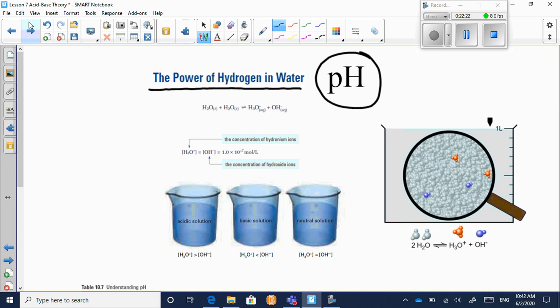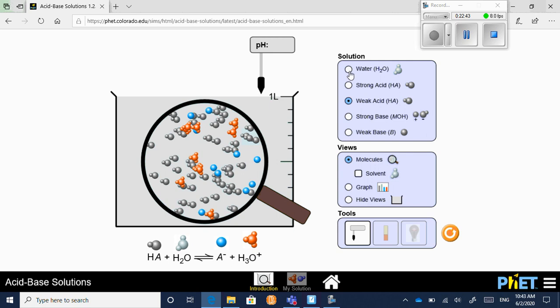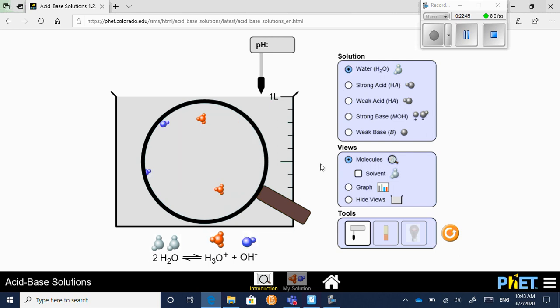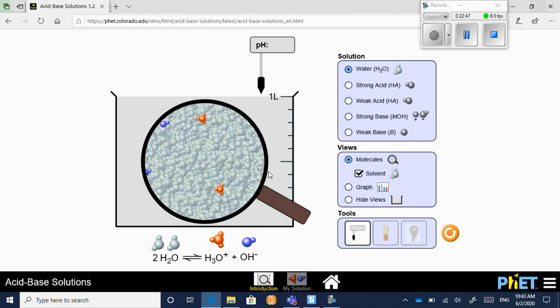But one thing I'm going to show you is that, first of all, even water itself breaks down into hydronium, which is this H3O, and hydroxide, which is the OH. I'm going to go back to the demo for a second. So let's look at water. So again, I'll show the water in the background.